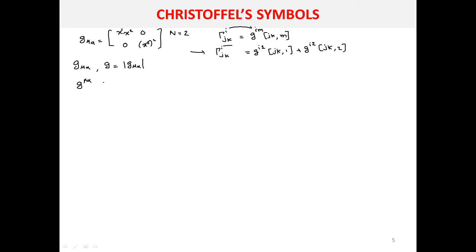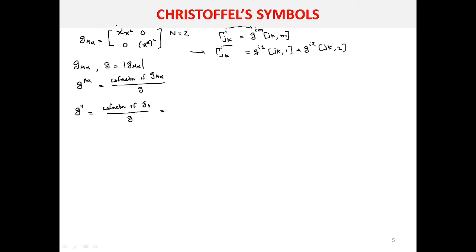The conjugate metric tensor g^mu alpha is defined as the cofactor of g mu alpha divided by the determinant g. So you have to calculate the cofactor matrix of g mu alpha. And what will be the value of g^11? g^11 will be equal to the cofactor of g11 divided by g. Then how can you find the value of the cofactor of g11?